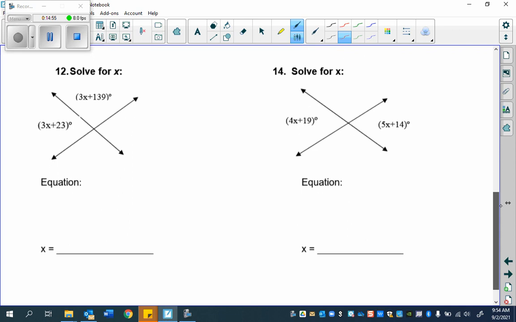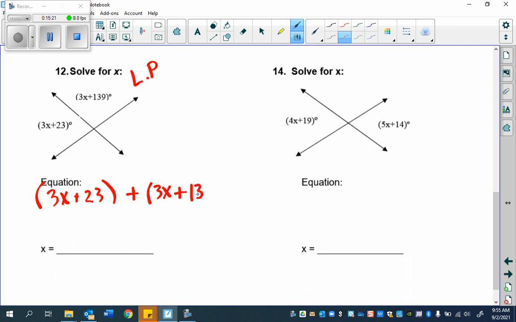All right, so when we go ahead and solve for x, these two are a linear pair, which makes them supplementary. So my equation, 3x plus 23 for my one angle, and 3x plus 139, which is my second angle, are going to have a sum of 180.